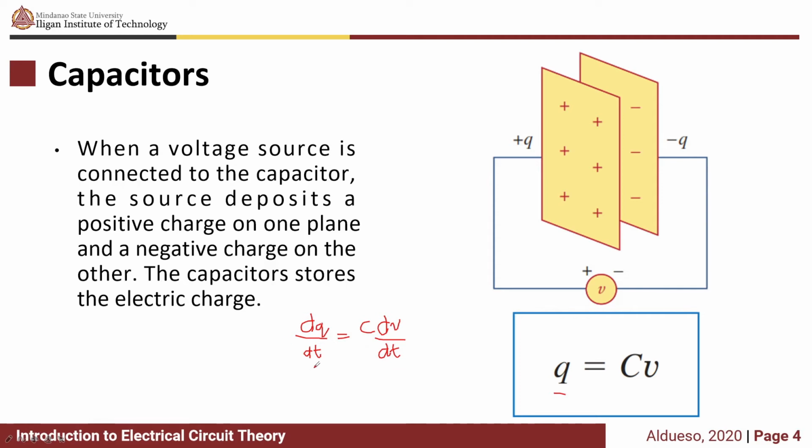We all know that the rate of change of charge is just equivalent to the current. The current in the capacitor is given by C dv/dt, or C times the rate of change of the voltage.